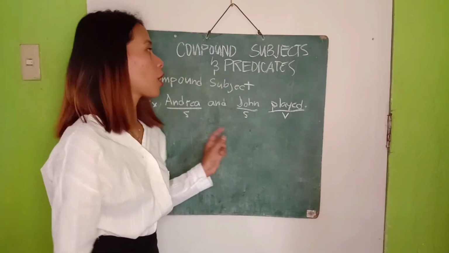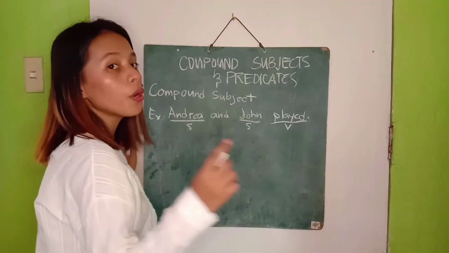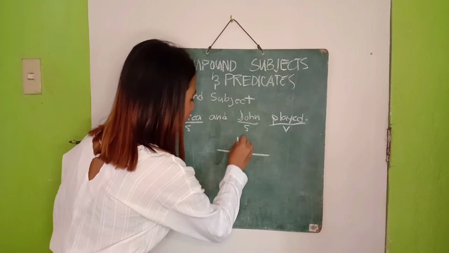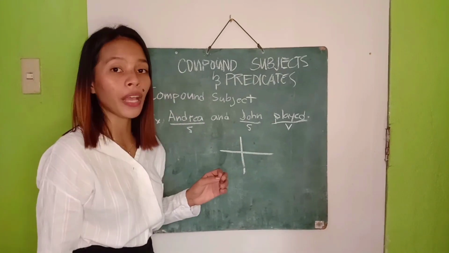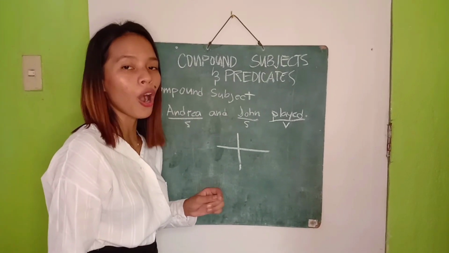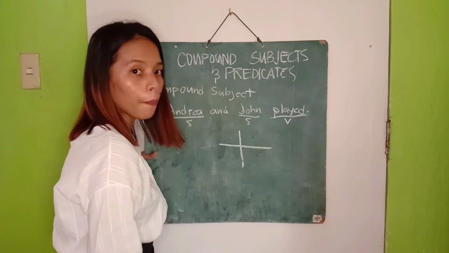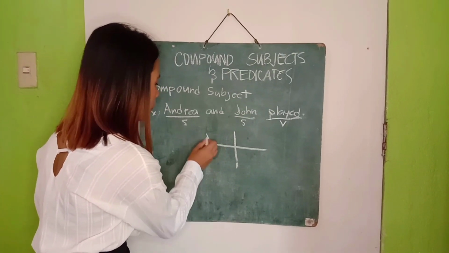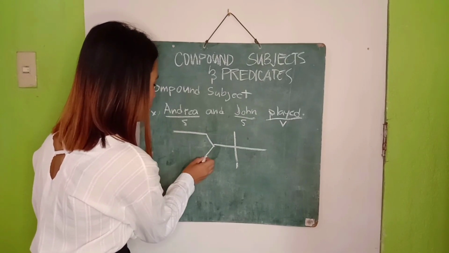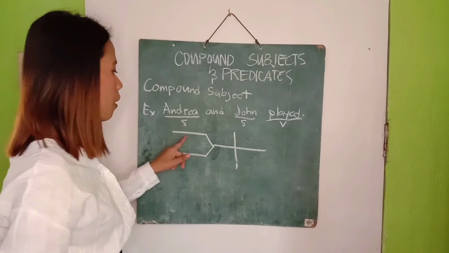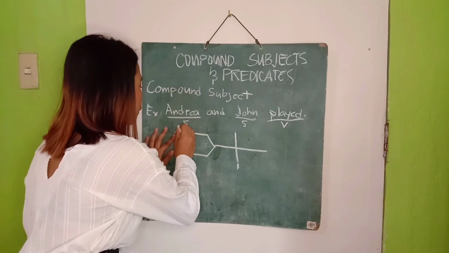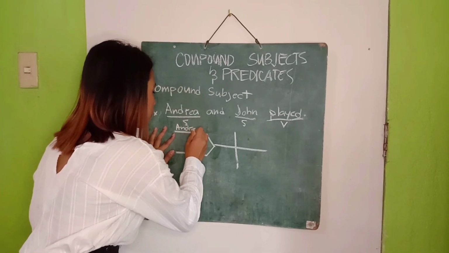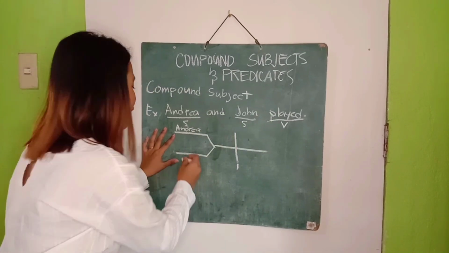To diagram this compound subject, we're going to draw a horizontal and a vertical line. Since we have two subjects, we're going to draw two branches that will separate our subjects. Put the first subject here, which is Andrea, and Jan here.